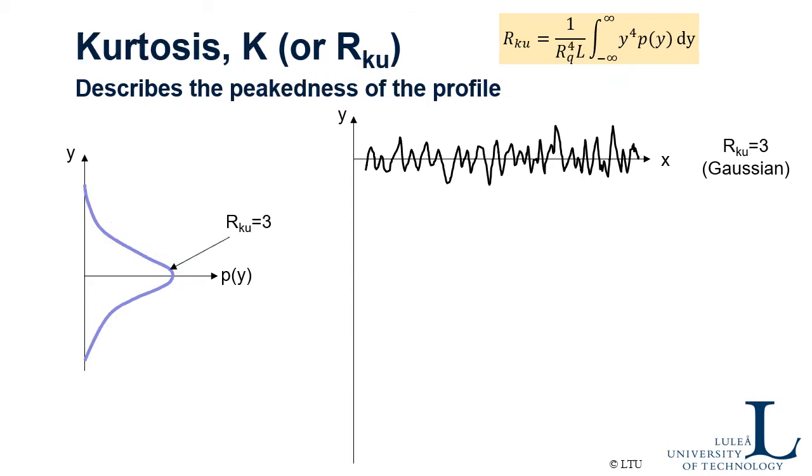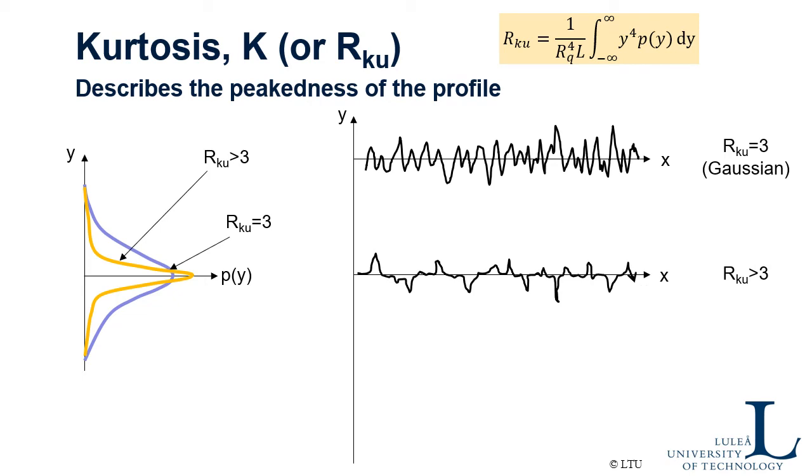So skewness is one parameter, kurtosis is another. It is, I would say, not as often used as skewness, but it tells you a little bit about the peakiness of the profile. Again, starting with a Gaussian or normally distributed profile like this one, if you do the math you will find that the kurtosis is 3.